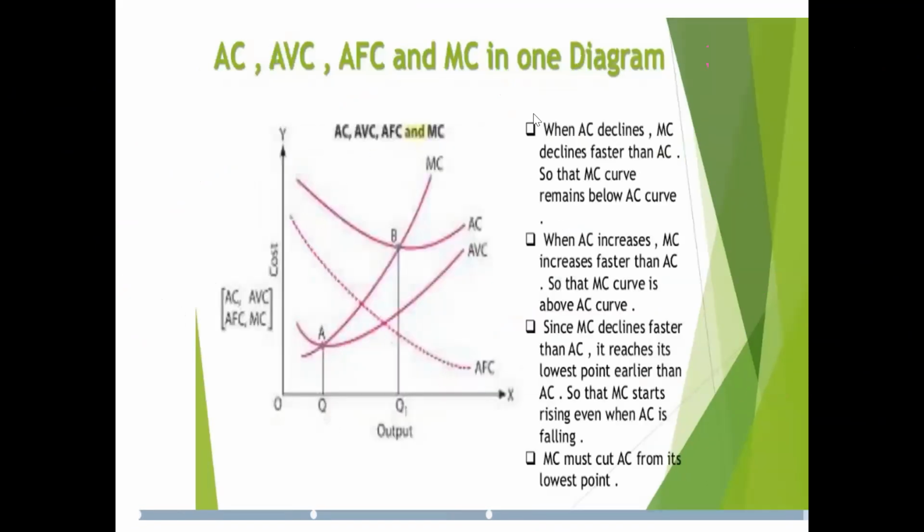If we consider the shapes, you can see that when AC declines, MC declines, and so on. Then AFC gradually declines but never touches the horizontal axis, and the gap between AC and AVC will be reduced gradually, because the difference between AC and AVC is AFC.